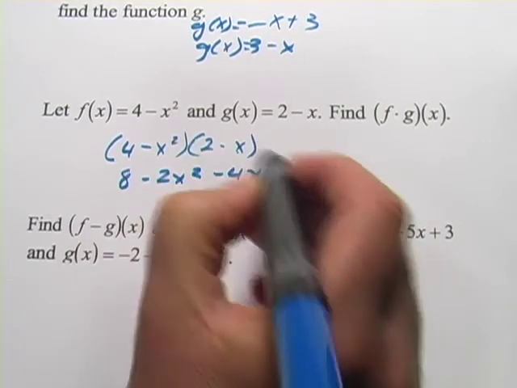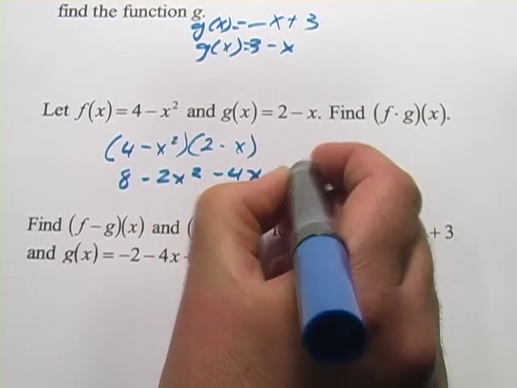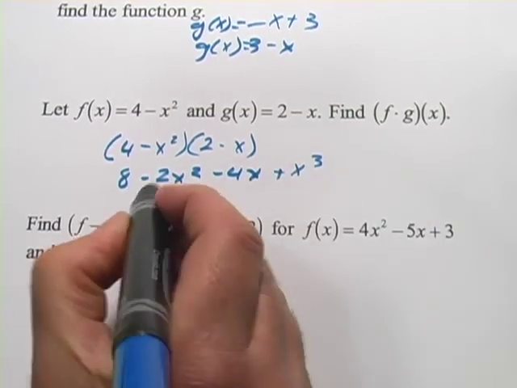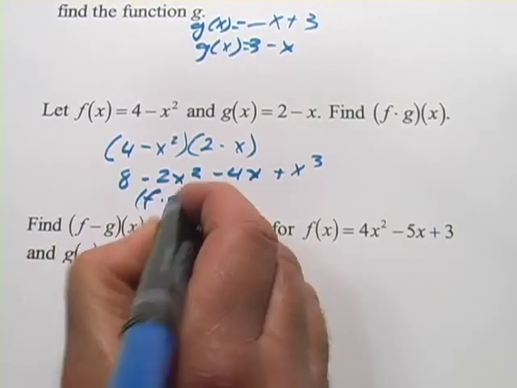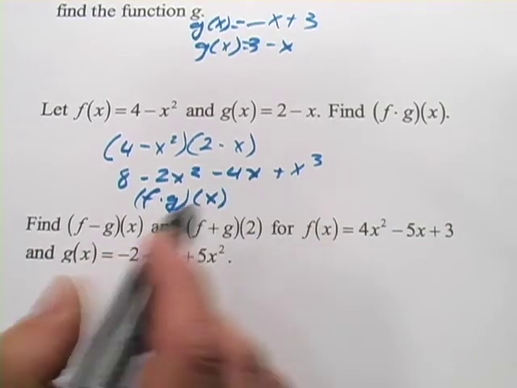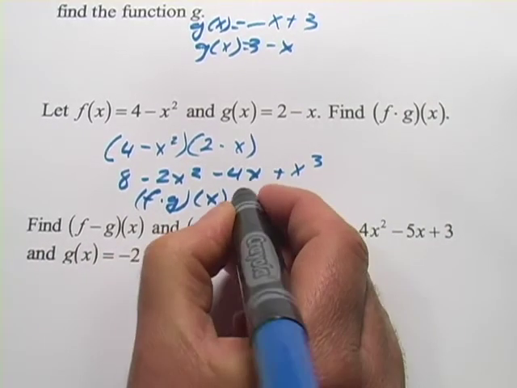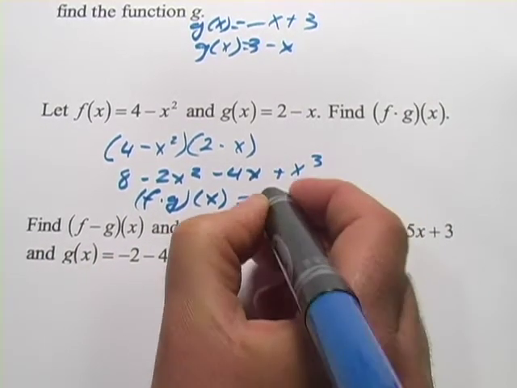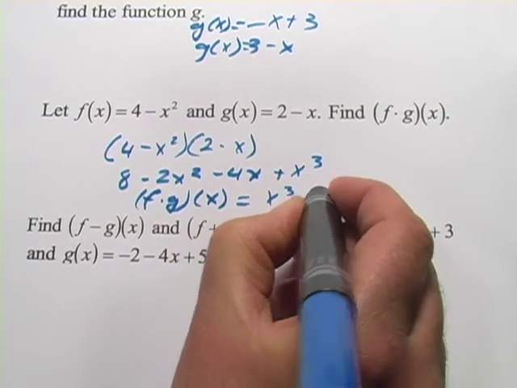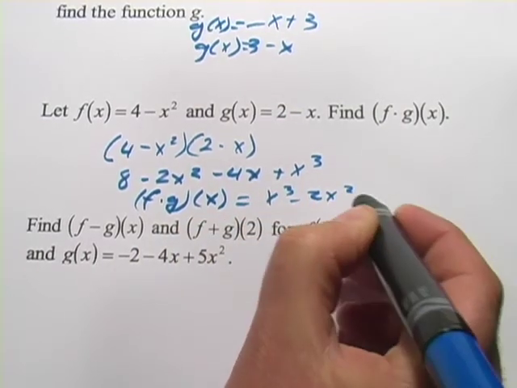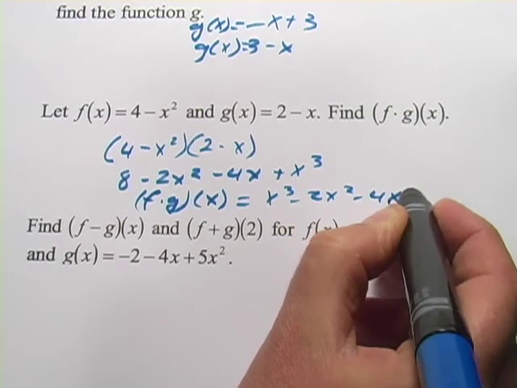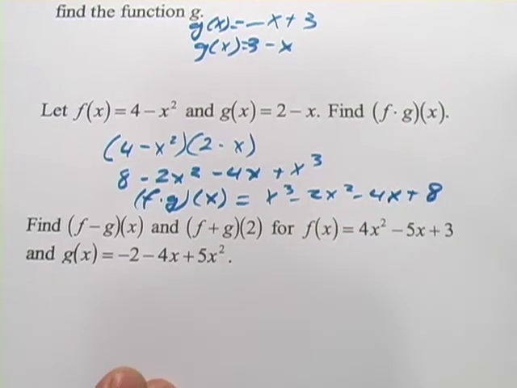Oh, the last. So plus x cubed. And probably we should rewrite this in descending degree. So the product of f of g of x is x cubed minus 2x squared minus 4x plus 8.